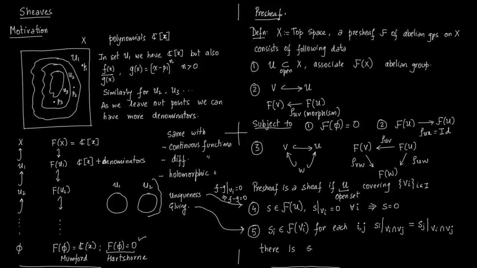Then there is a section, or an element of the abelian group F(U), such that when you restrict it to each set, you recover the original function. So basically you are gluing the functions together to get the function on the set U. We will make a diagram, it will be clear.